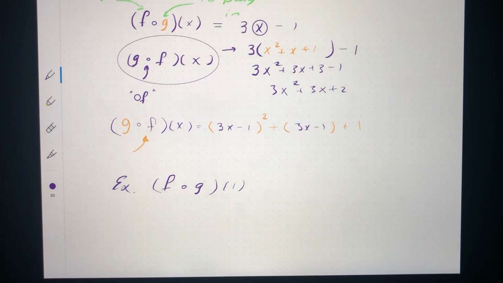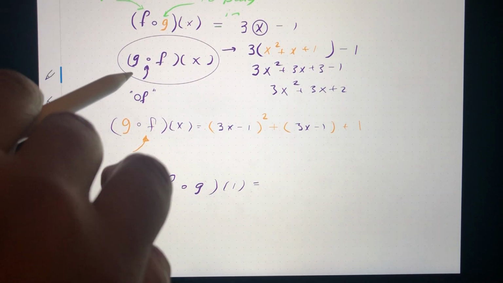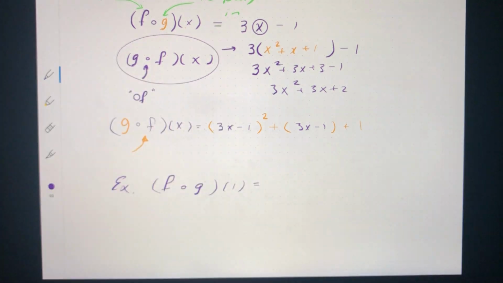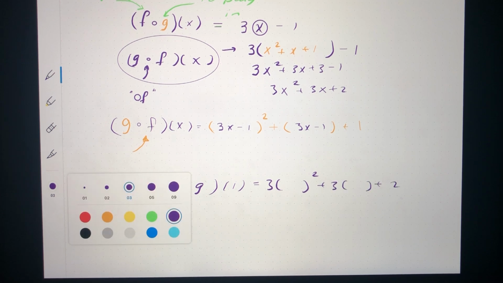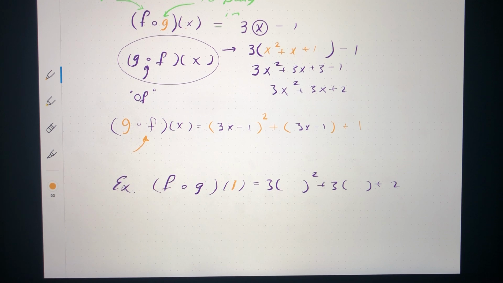So one way to do that is to simply compute the f of g first, which is 3x squared plus 3x plus 2. And each time we see an empty set of parentheses, we put in its value, which is 1, and that makes 3 plus 3 plus 2, which is 6 plus 2, or 8.